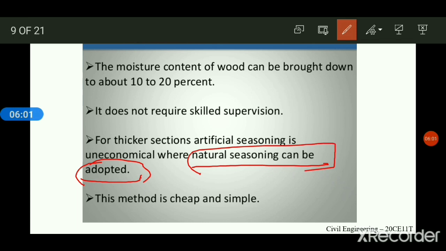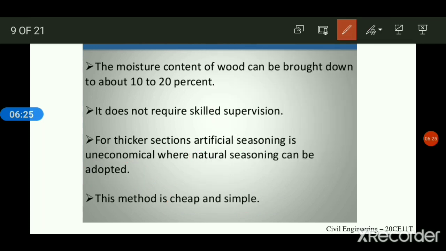It's very economical by seasoning naturally. That's what generally, natural seasoning is simple and very cheap. So these are some advantages we got in natural seasoning.